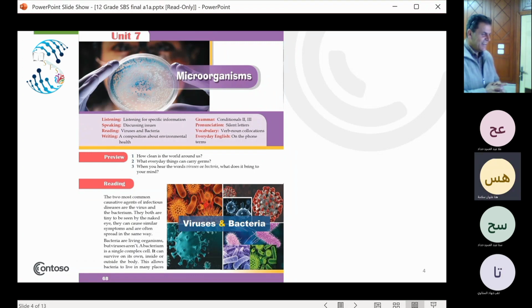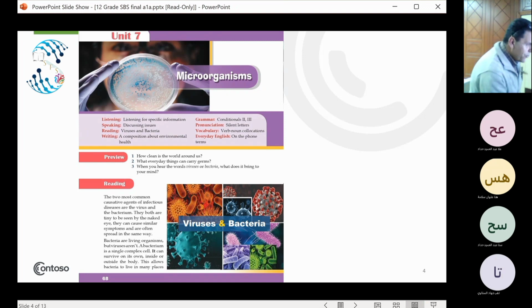They both are too small to be seen by the naked eye. They can cause similar symptoms and are often spread in the same way. Thank you. They both means viruses and bacteria. They both are tiny, very small, too tiny to be seen by the naked eye.